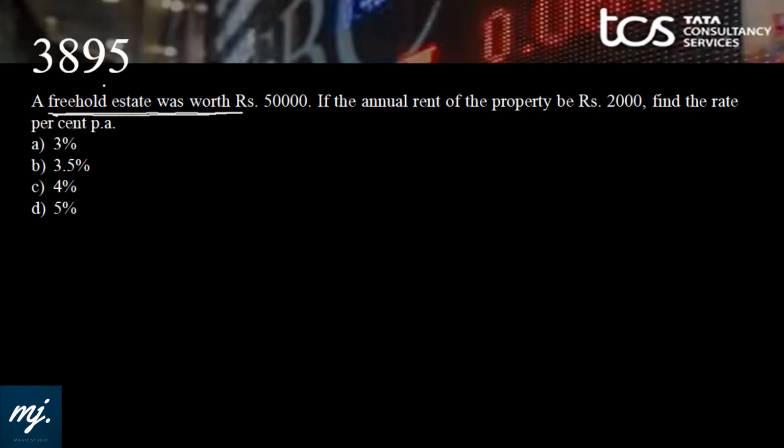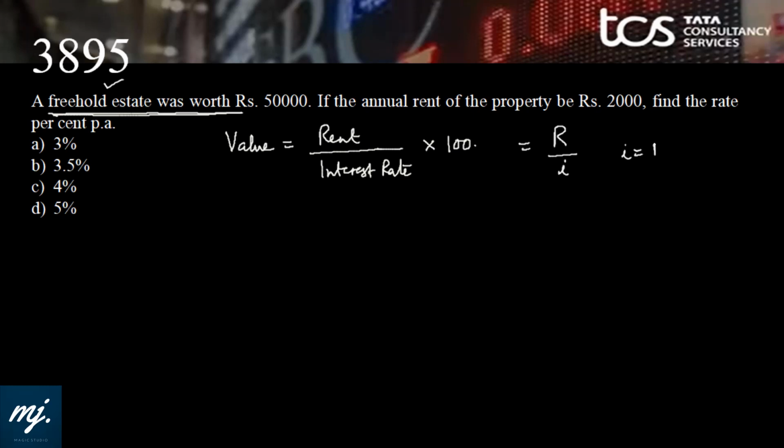In case of a freehold estate, the value of the freehold estate is given by rent divided by interest rate into 100, or simply R by I, if I equals rate by 100, and R stands for rent here. So the freehold estate was worth 50,000.